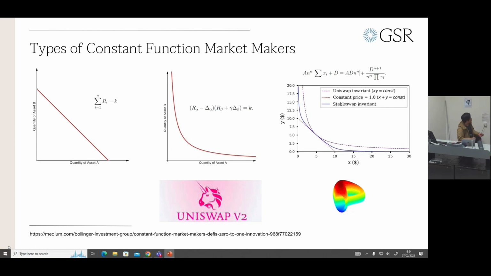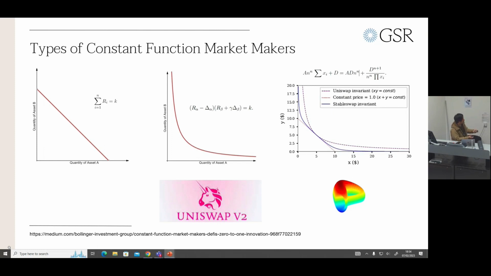So yeah, very much is the case in which you can see here, looking at the middle graph, we have one axis with the quantity of asset B. So let's take ETH, and the quantity of asset A, let's take USDC in this case.